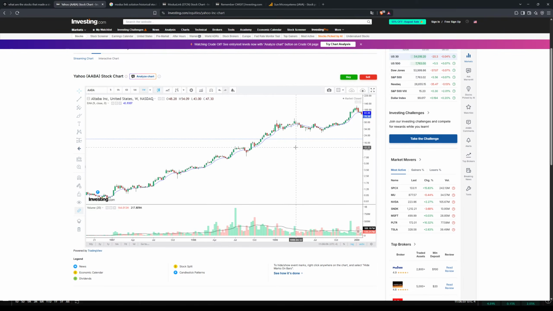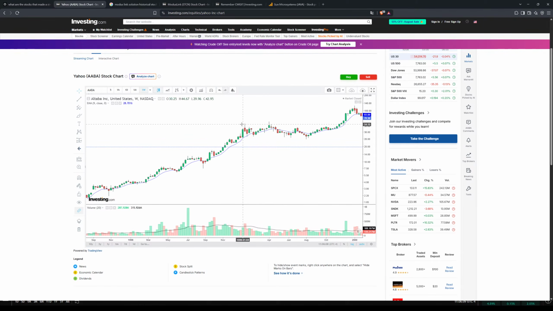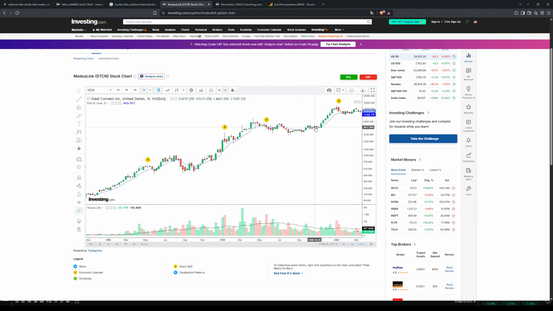I think it also found the first parabolic top back in early 1999, and then went sideways and set up a great weekly breakout.